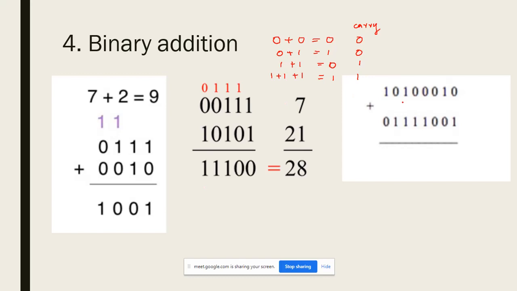If you are going for an 8-bit addition, you can do the same thing. 0 plus 1 will give you 1. 1 plus 0 gives you 1 with carry 0. 0 plus 0 is 0. 0 plus 1 is 1. 0 plus 1 is 1. 1 plus 1 is 0 with a carry 1, again 1 plus 1 is 0 with a carry 1, and 1 plus 1 is 0 with a carry 1.